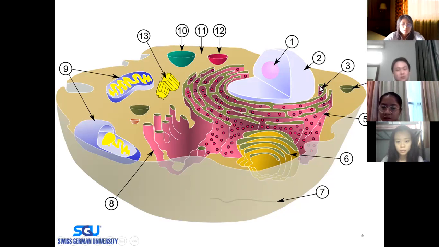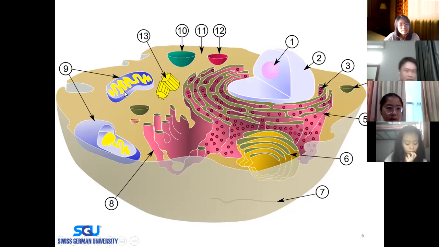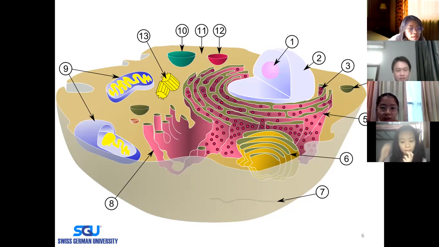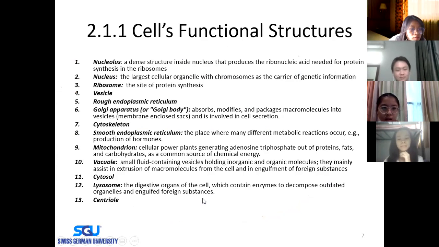Nucleus. Number three, here, the red dot. Ribosome. Number nine, what is number nine? Mitochondria. Okay, let's check the answer.